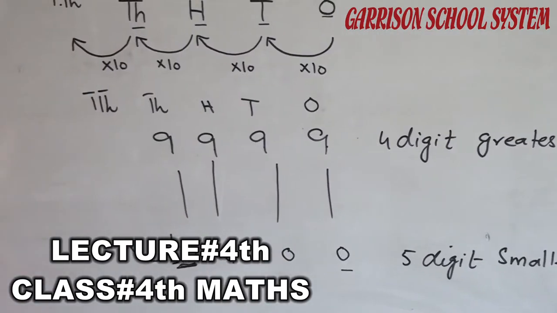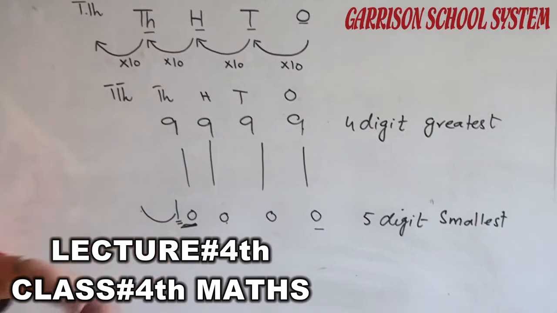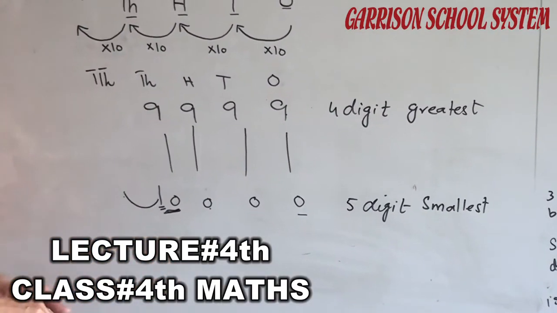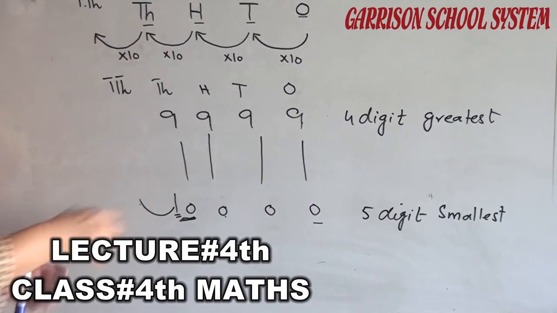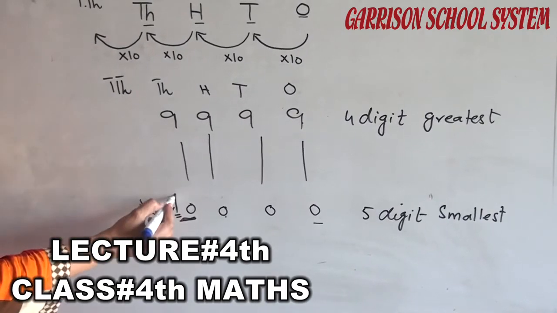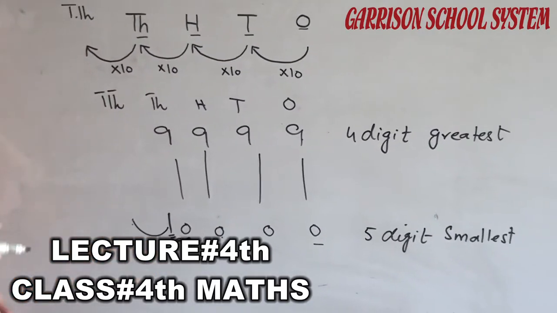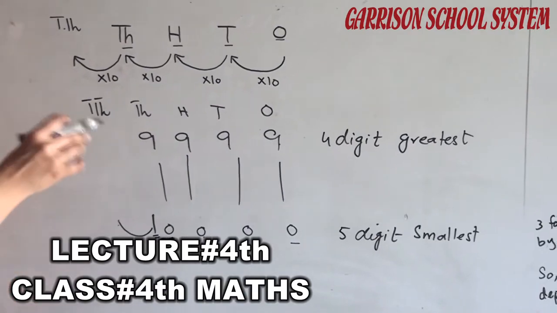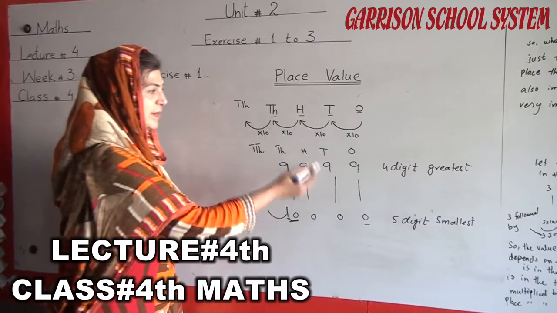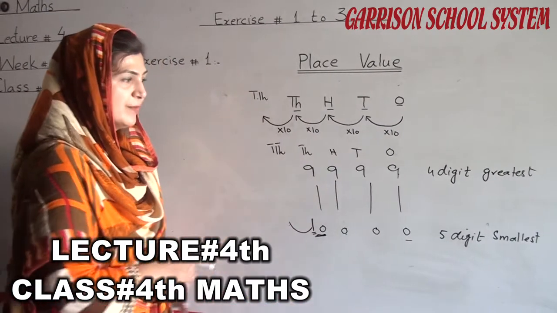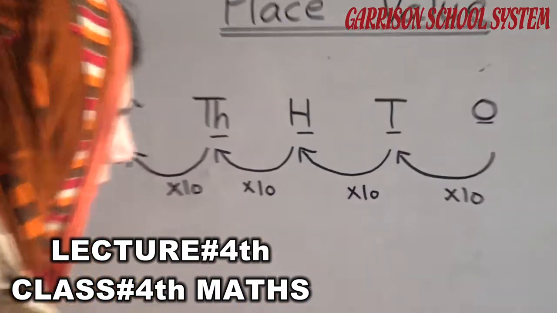Students, 10 is a 2-digit number, and we already shifted 1 to the next place. So this 1 will represent the 10,000 place. Similarly, just like 1 in the 100 place represents 100, and 2 in the tens place represents 20. Now students, we have to write any number.